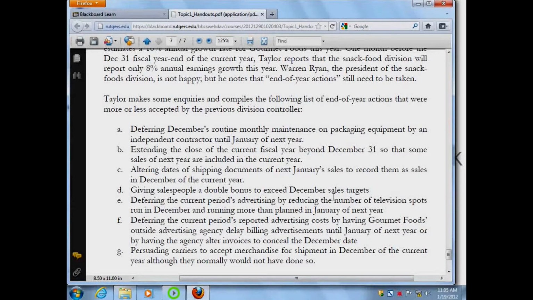Altering dates of shipping documents of next January sales to record them as sales in December of the current year. Yes, this is fraud. Right, because there is an intention to. So how is this different from B?